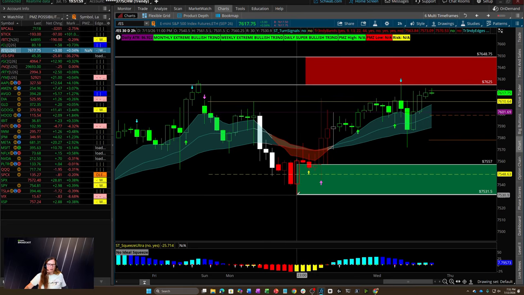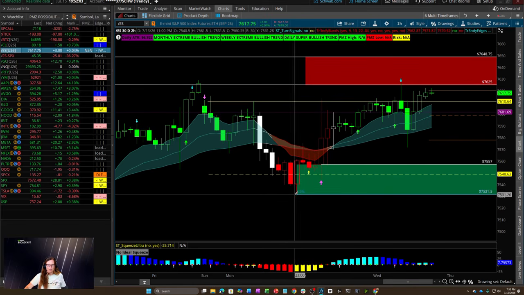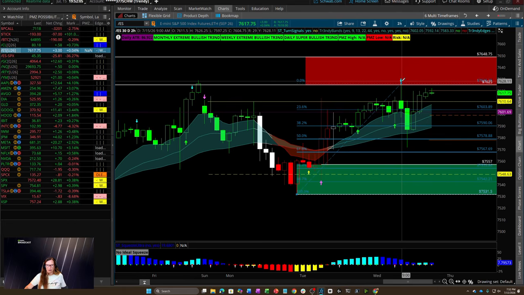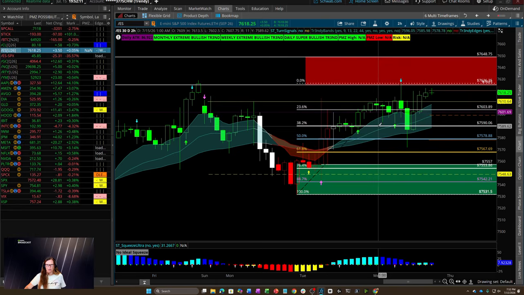The range I have drawn is right here from this pivot low up to the most recent pivot high. I told you that I like to use the 38.2 and the 61.8 if I am finding targets, right? All right.